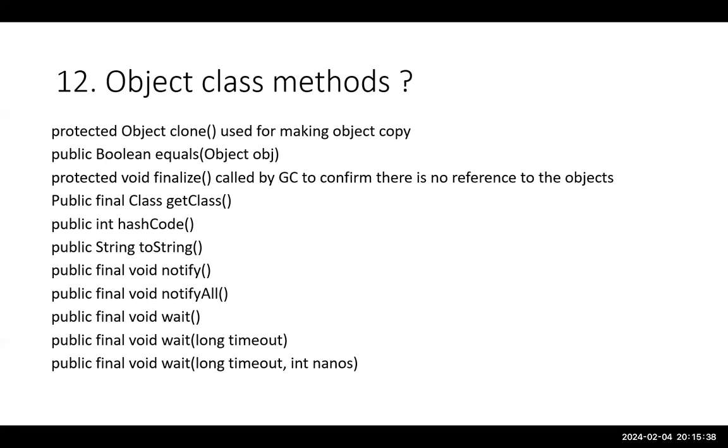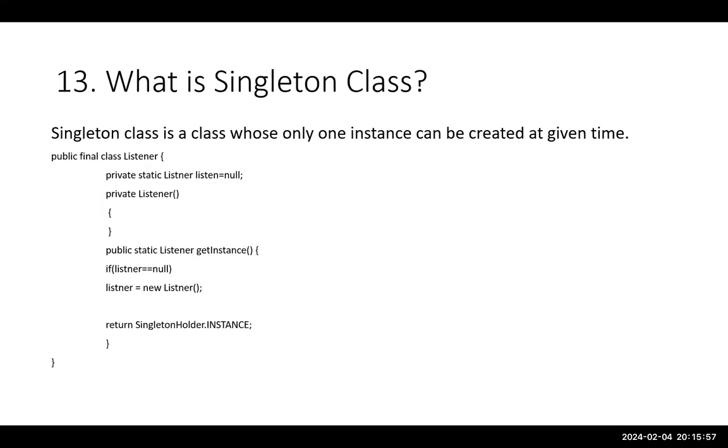Also finalize, getClass, hashCode, toString, notifyAll. Notify, notifyAll and wait are related to threads, so we will discuss them later, maybe in the next video. Generally we use the equals method, but all these methods belong to the same class. So it is also an important and tricky question.